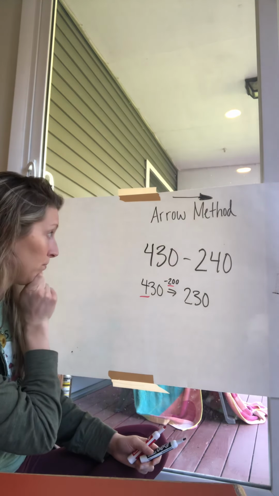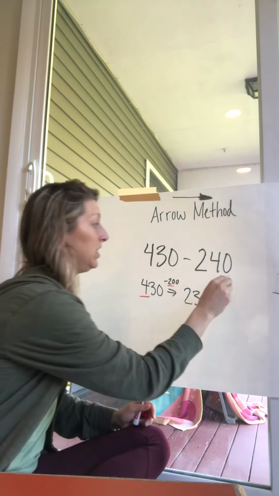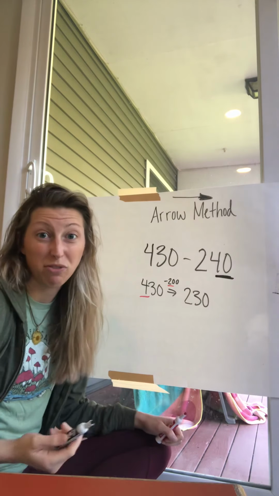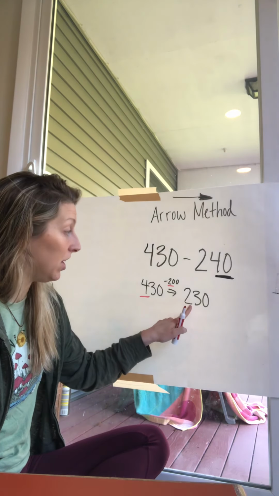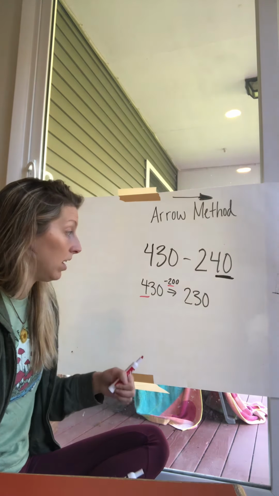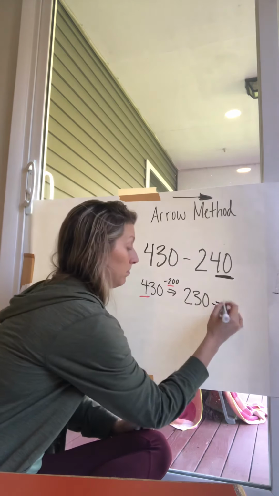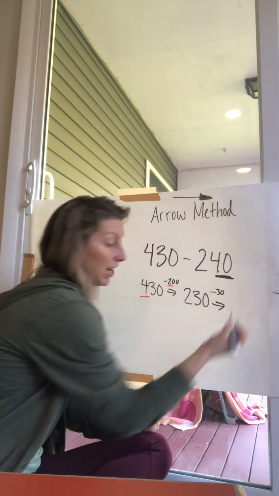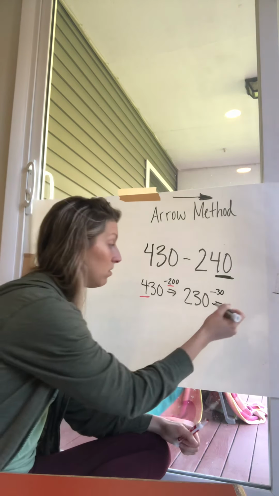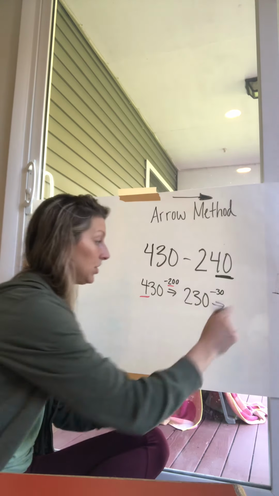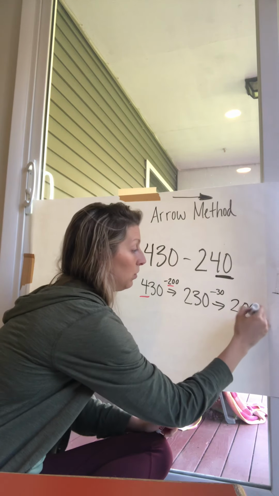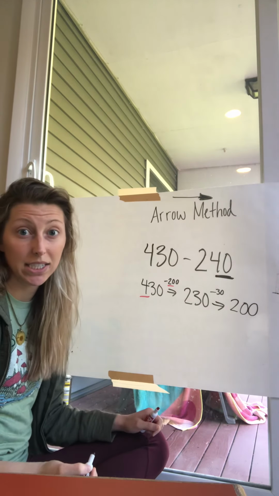Now, we need this part. We need to take away 40. Well, if you have 230, okay, and let's just keep it simple. Let's take away 30. If we take away 30, like we did in the last one, we know that our answer is going to be 200. But are we done yet?